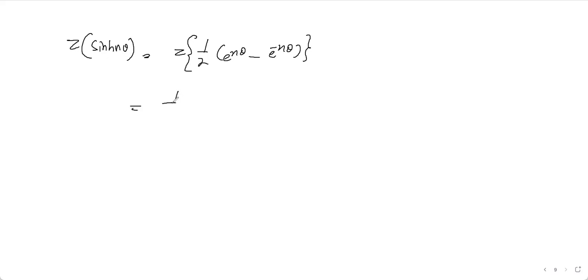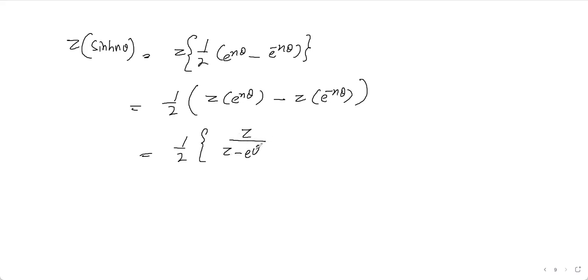Okay, so this is half of Z of e to the power of n theta minus Z of e to the power of minus n theta. This is half of z by z minus e to the power of theta minus z by z minus e to the power of minus theta. Okay, close the brackets.